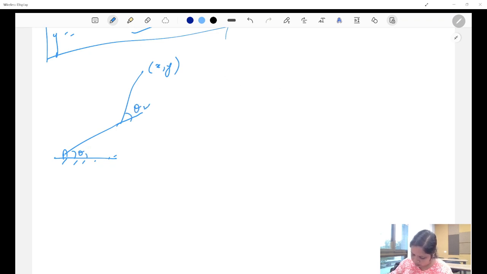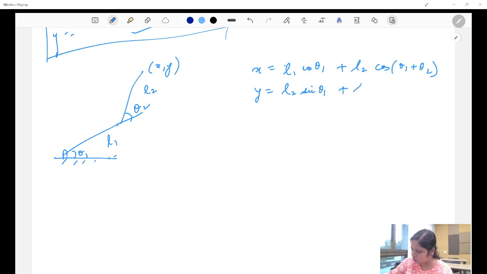You have already seen the DH table and everything, and from there you already know that x is equal to L1 cos theta 1 plus L2 cos(theta 1 plus theta 2), and y is equal to L1 sin theta 1 plus L2 sin(theta 1 plus theta 2). Now we want to find a relation between x dot, y dot and theta 1 dot, theta 2 dot.